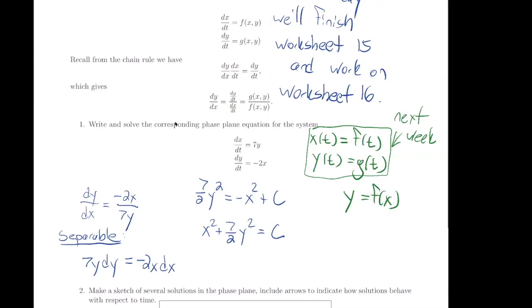So in this case, if we've got dx/dt = 7y and dy/dt = -2x, then we would take dy/dt, which is -2x, on top, and put 7y, which is dx/dt, on the bottom. So this would be what we call the phase plane equation. Any questions how we can come up with those?